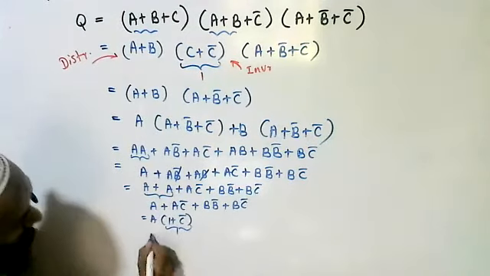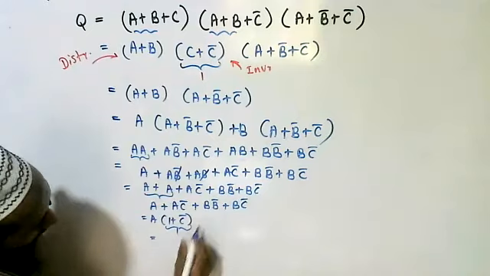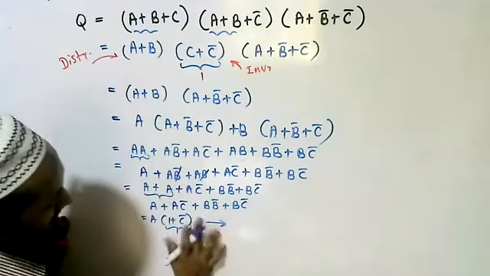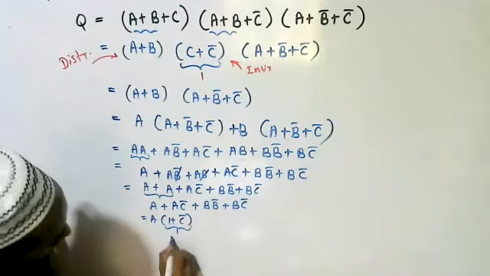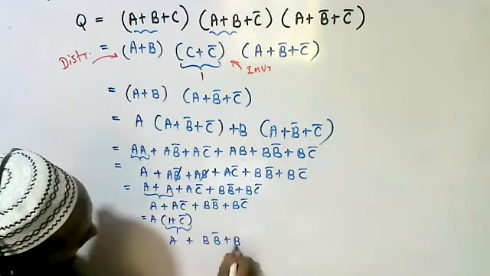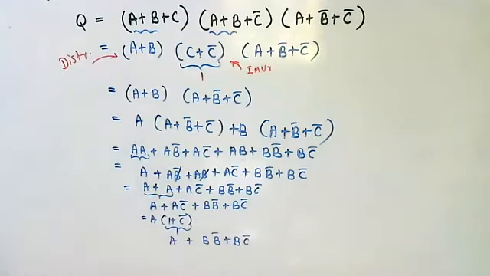Then A into 1 equals A. So A plus BB bar plus BC bar.